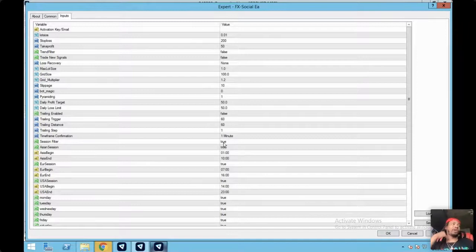And so what I realized is that I like the multiplier at 1.2, but the problem with the multiplier being 1.2 is it won't multiply 0.01. So it goes from 0.01 to 0.01 to 0.01 to 0.01.